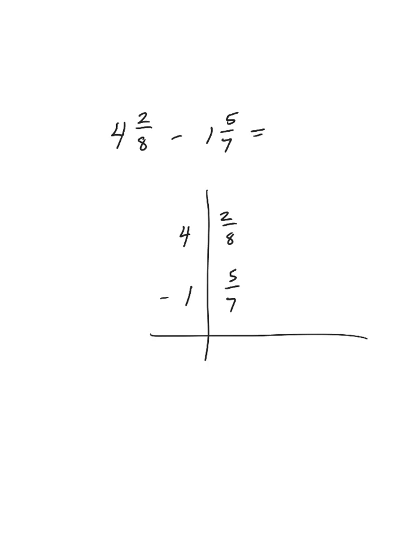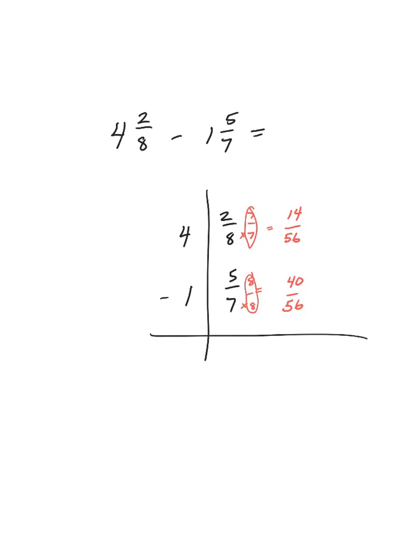I'm going to look for a common denominator of 8 and 7, which I'm going to use 56. And now I'm ready to find equivalent fractions. 7 times 8 and 5 times 8 gives me 40. 8 times 7 and 2 times 7 gives me 14. Again, I've multiplied by one whole, so I've made sure that I found equivalent fractions.